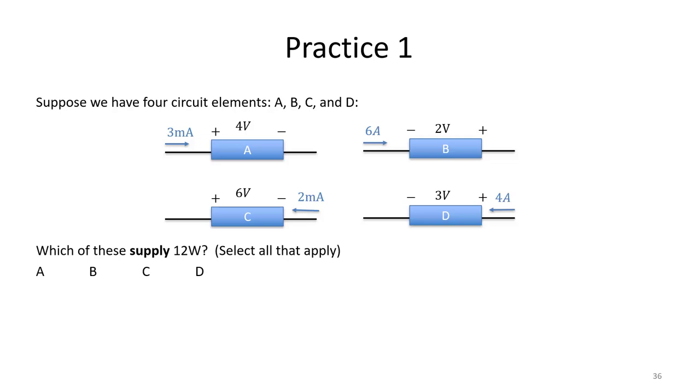All right, so let's go ahead and discuss. First, we want to remember our passive convention. If I want to be supplying power, current must be entering our negative terminal, and we must have a positive power value.